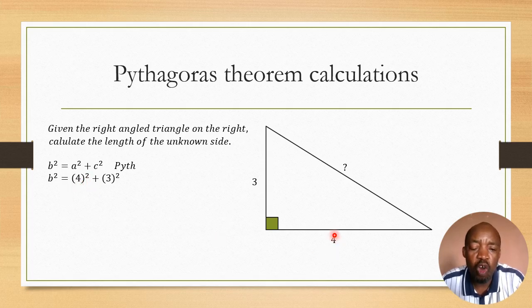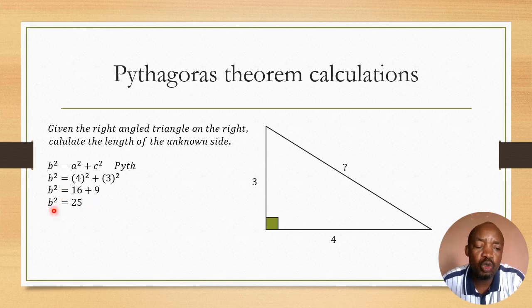There's your 4 there. 4 squared plus 3 squared, which is equal to the unknown side. Simplifying. 4 squared is 16, 3 squared is 9. Moving on, 16 plus 9 is 25.